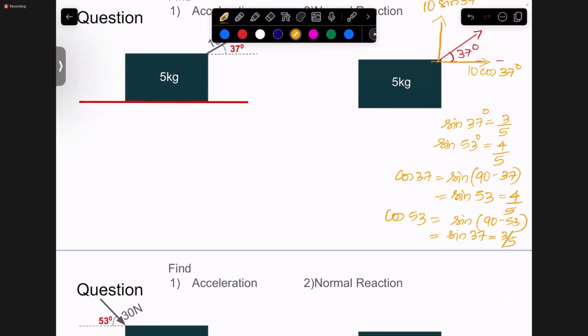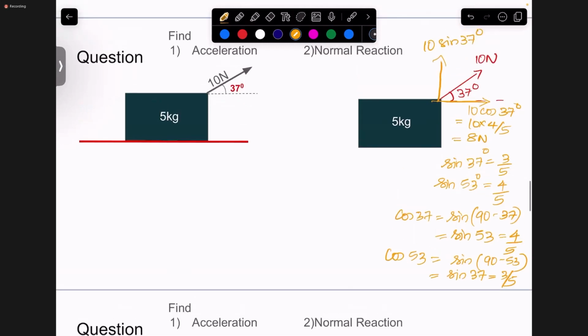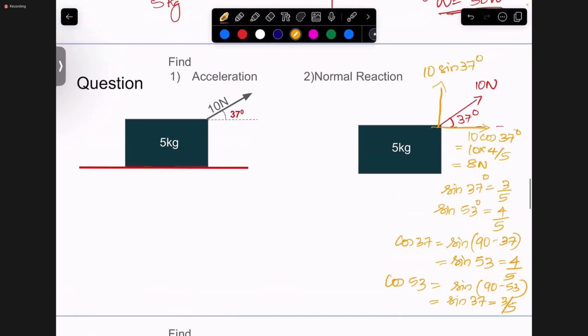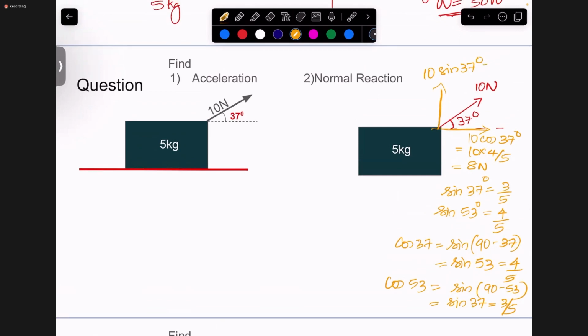So you can see that this is equal to 10 times cos 37, which is 4 by 5, so that is equal to 8 Newton. And this one along the vertical direction is 10 sine 37, equal to 3 by 5.